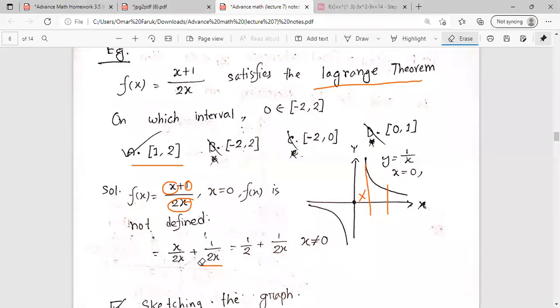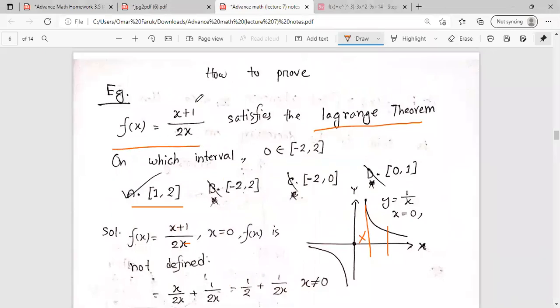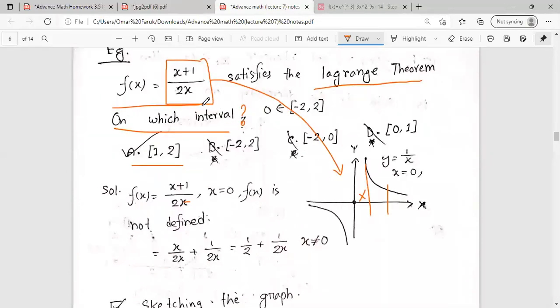Yes, okay. So I'm trying to say that we have a function here, f of x is equal to x plus 1 by 2x. So the question is, it satisfies the Lagrange theorem on which interval? If we draw this function, it will look like this way. Because firstly, just break down this function. You already know that if we have a denominator 2x, we can divide x by 2x plus 1 by 2x.